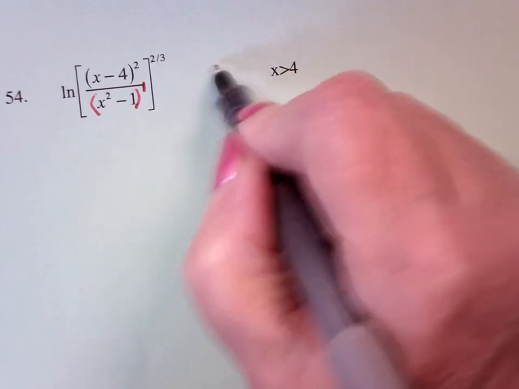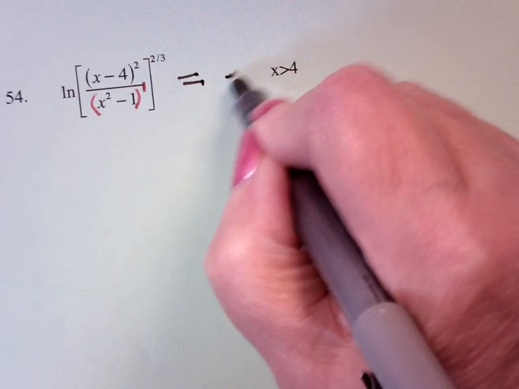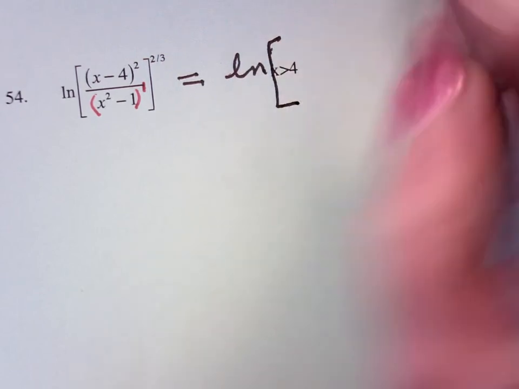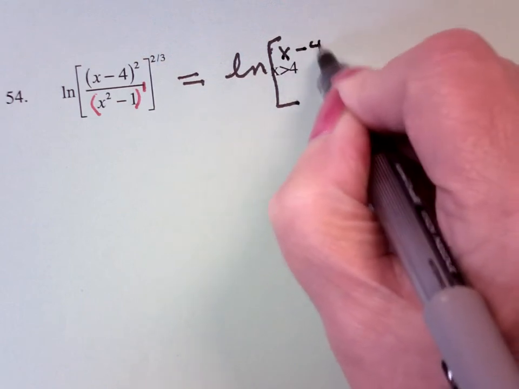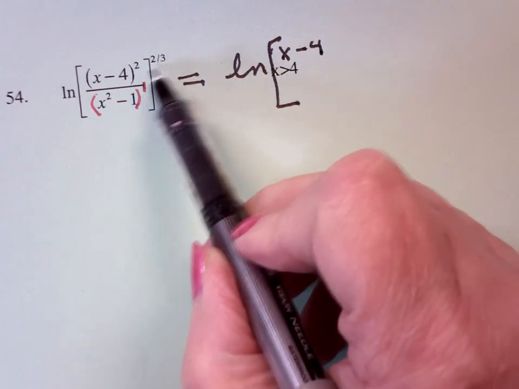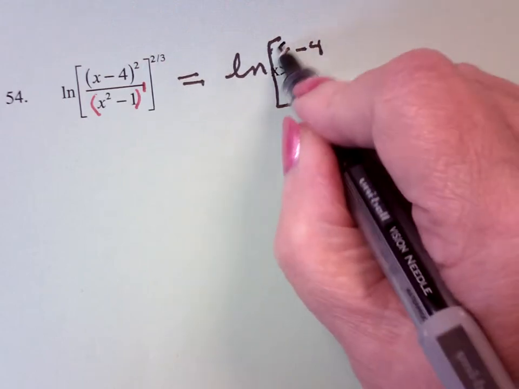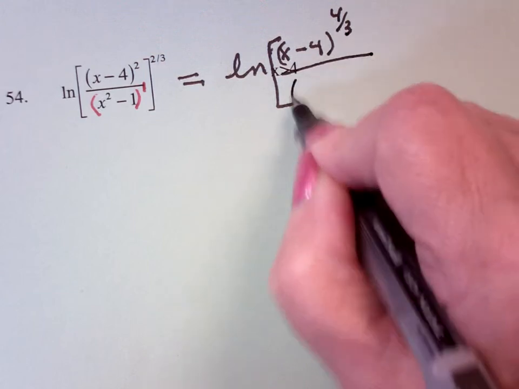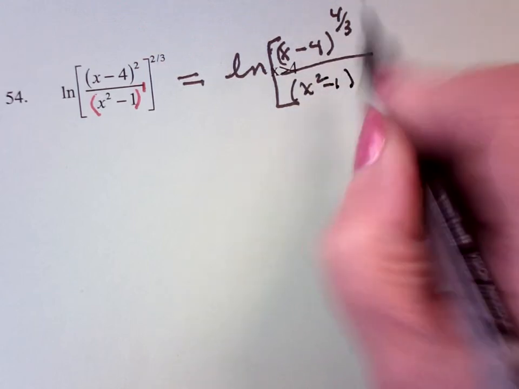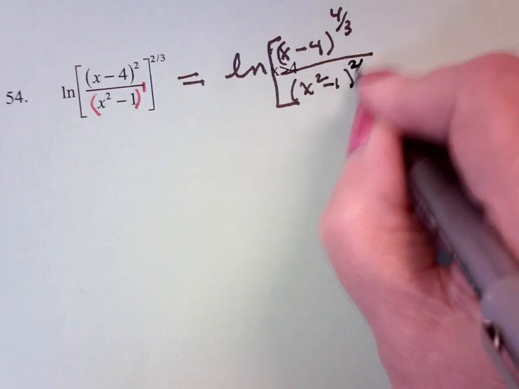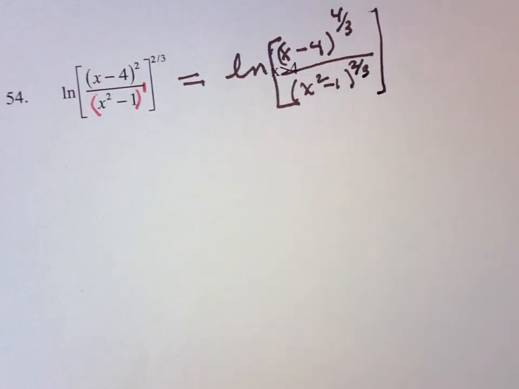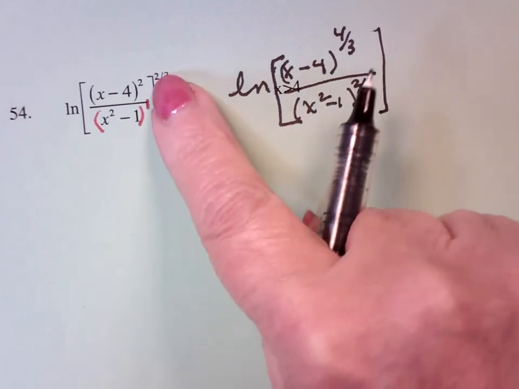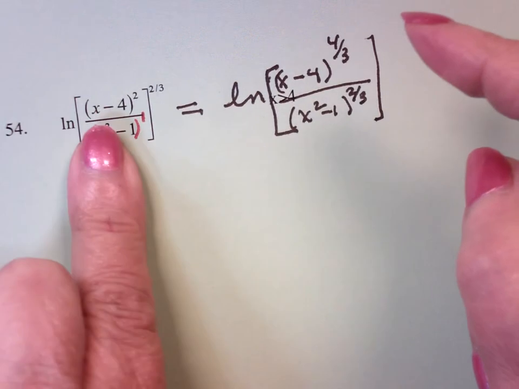I can rewrite this guy as the natural log of x minus 4 and 2/3 times 2 to the 4/3 divided by x squared minus 1. 2/3 times 1 is to the 2/3. So use the property of exponents to clean this guy up before you start working with him.